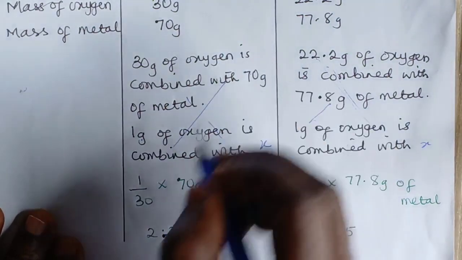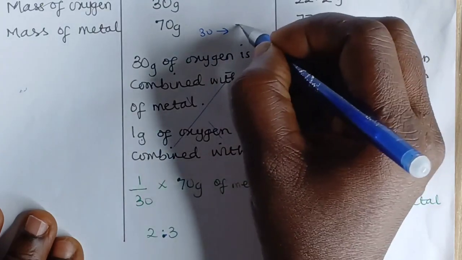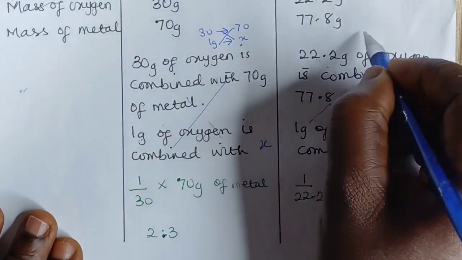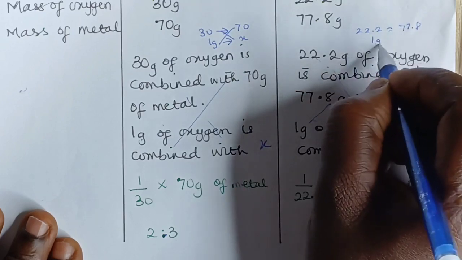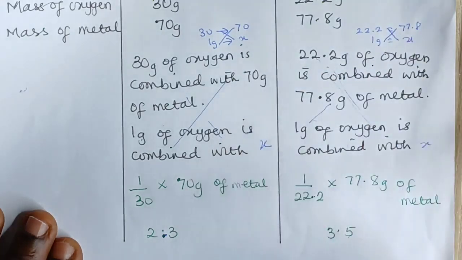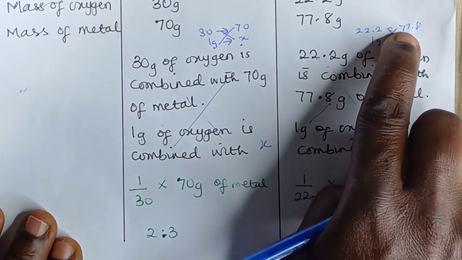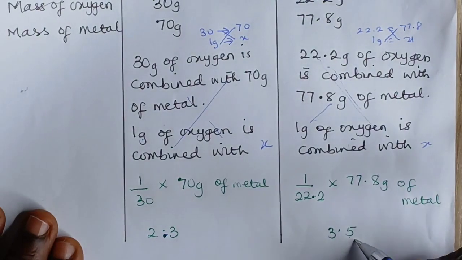This is a simple arrangement. 30 gram for 70, 1 gram for X, cross multiply. 22.2 gram for 77.8, 1 gram for X, cross multiply. So from here we multiply 1 and 77.8, then divide both sides by 22.2. So the answer here is also 3.5.